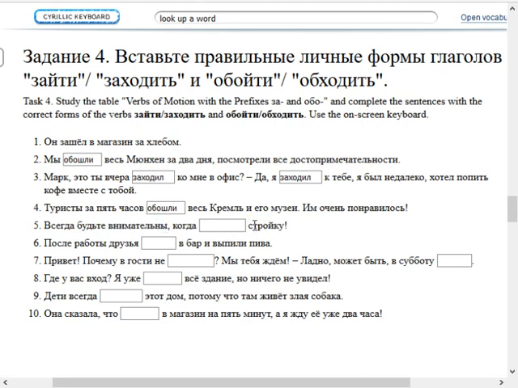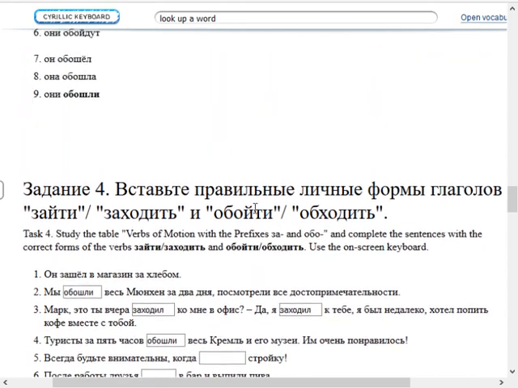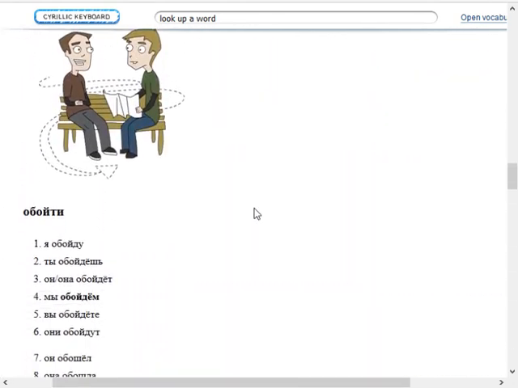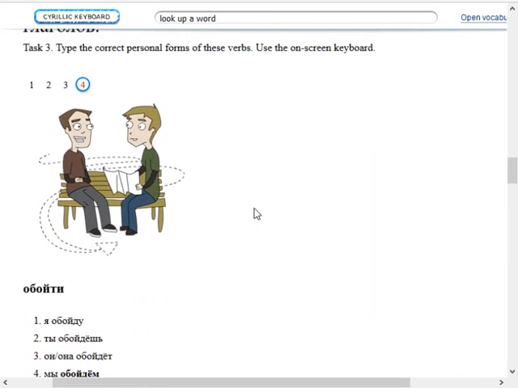You wouldn't really say then always be careful going to the construction site, even though that kind of makes sense as well, but it makes more sense to say always be careful around the construction site. So I'm going to go ahead and say it's obo something. Question is just then, is it obchodit or oboiti?